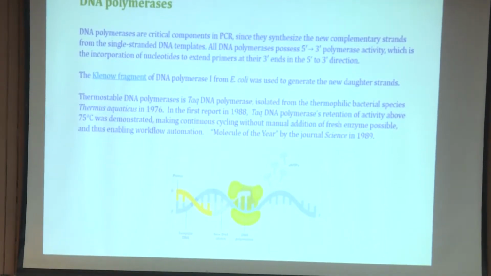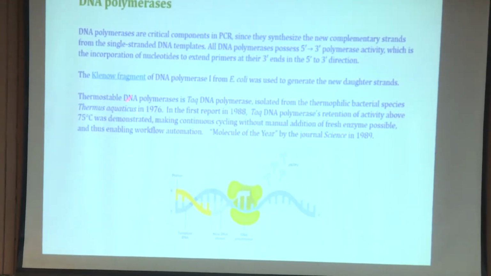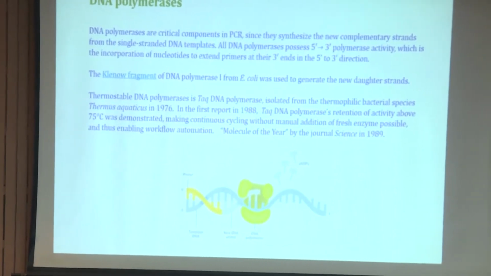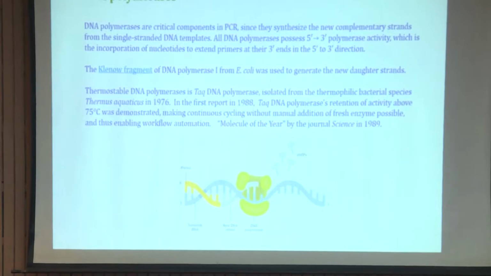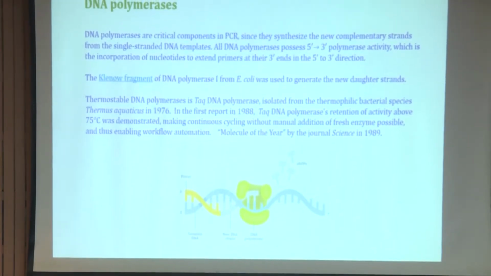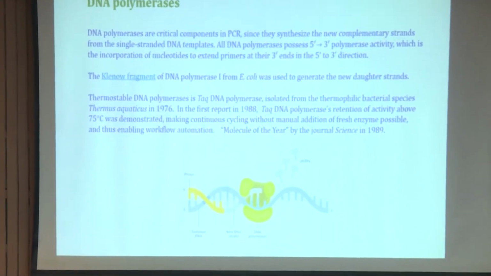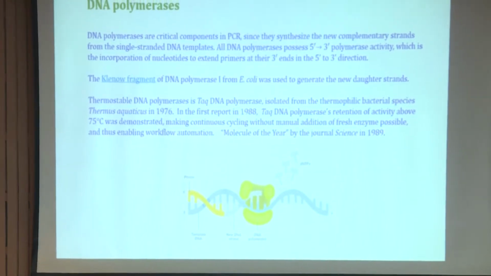This particular enzyme, which was isolated from Thermus aquaticus, is now about a several billion dollar business. The enzyme from this organism is marketed in several PCR reactions and others.